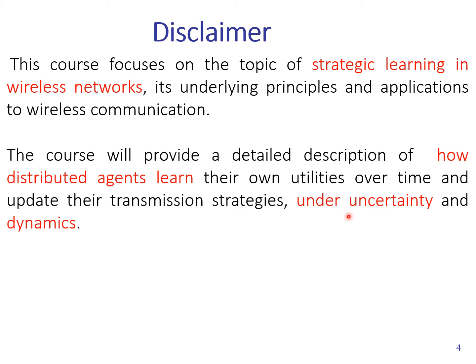And there are a number of constraints. So one of them, of course, is the fact that the network is dynamic, uncertainty in terms of local information available to every agent, and of course resource constraints when it comes to communication efficiency, storage, memory, and other constraints.